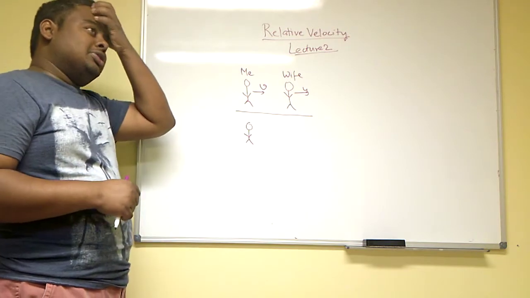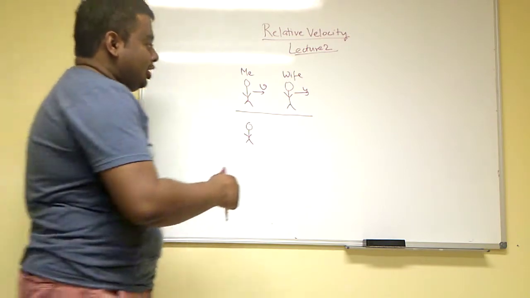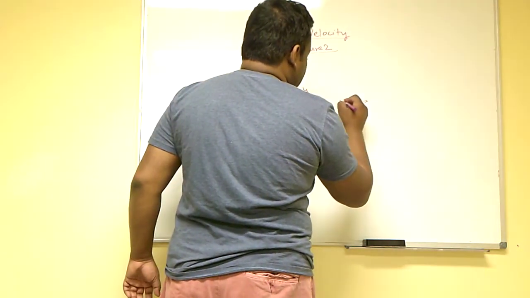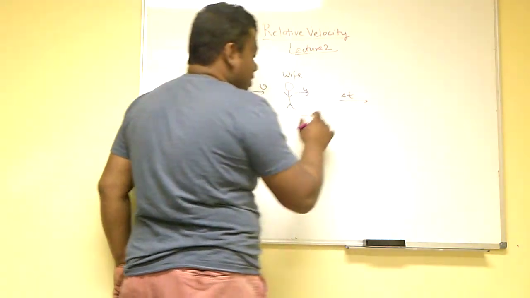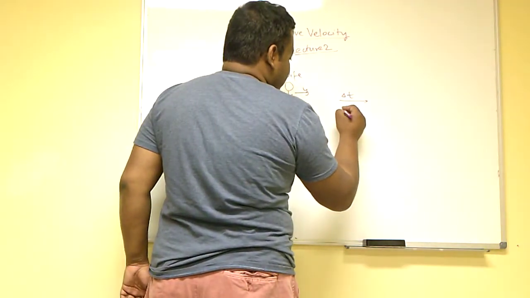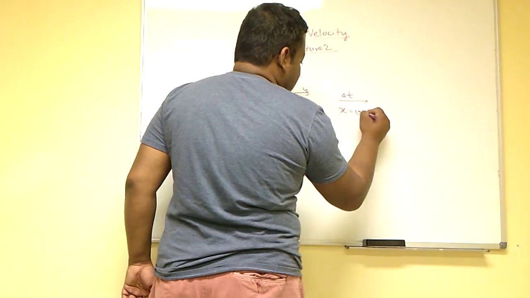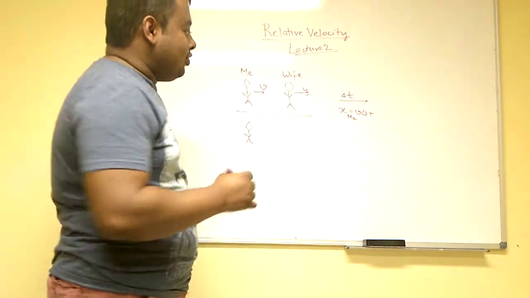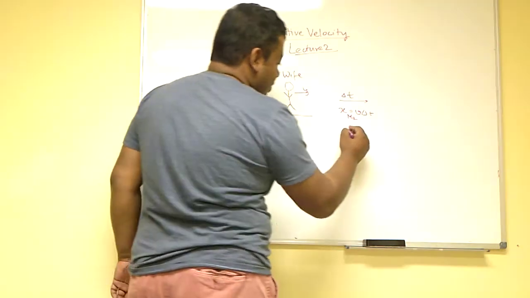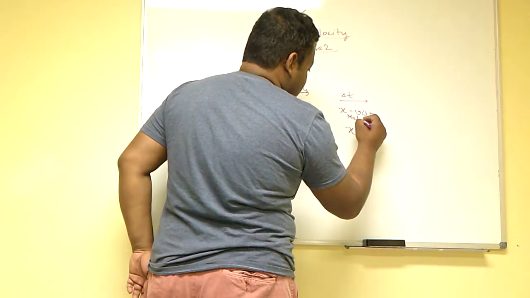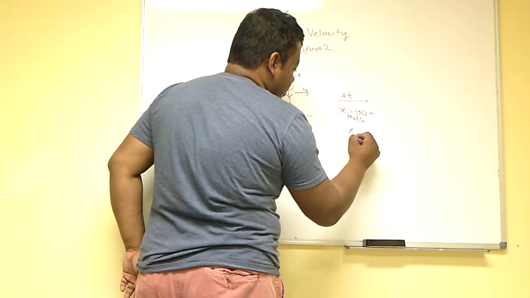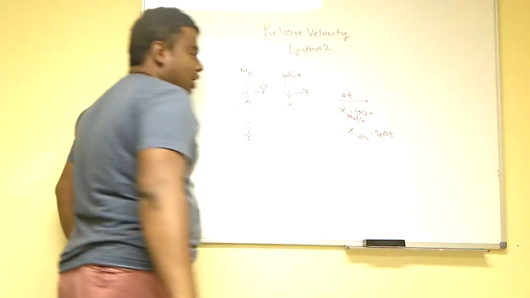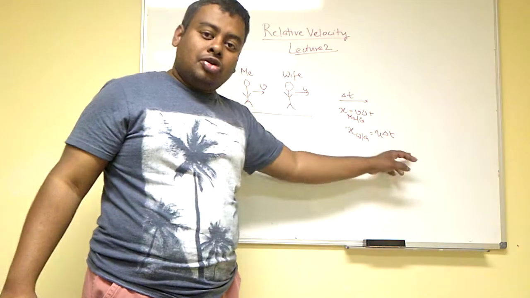So think about this. If I have covered in time delta t from my start a distance x, then my wife with respect to this ground observer has moved with velocity u.